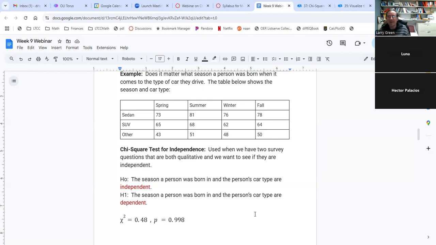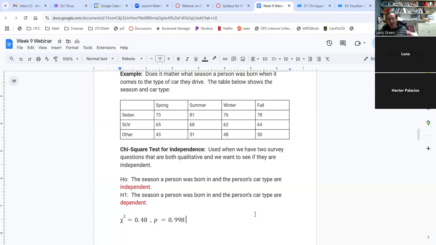Any thoughts? Okay, it's a good thought. It's independent, but especially in this class, for hypothesis testing, you never get to say H naught is true. All you can say is you don't know.